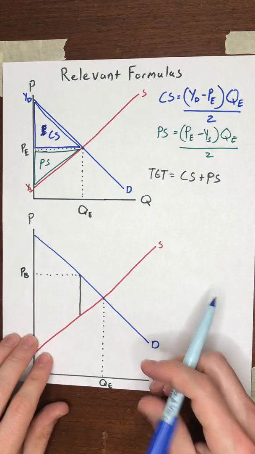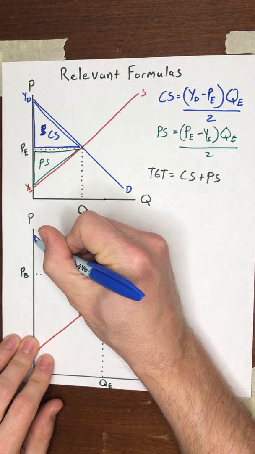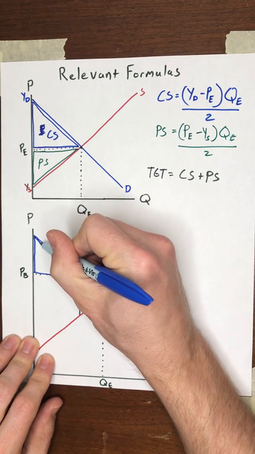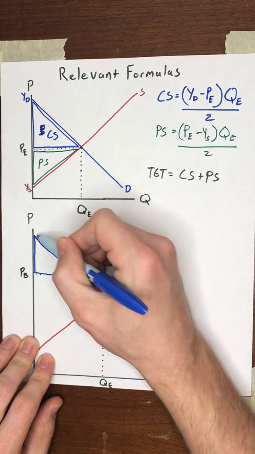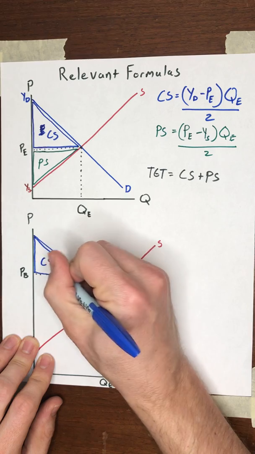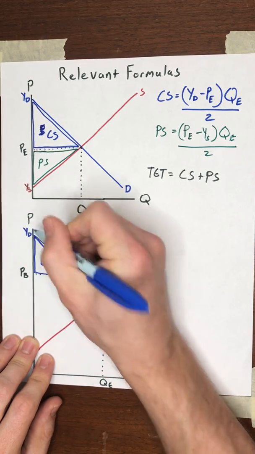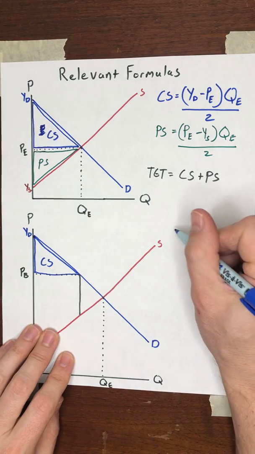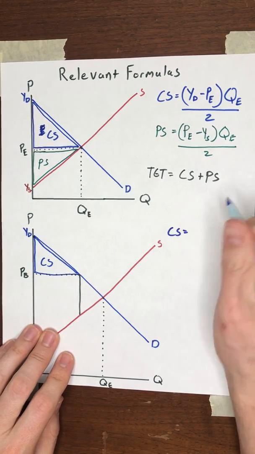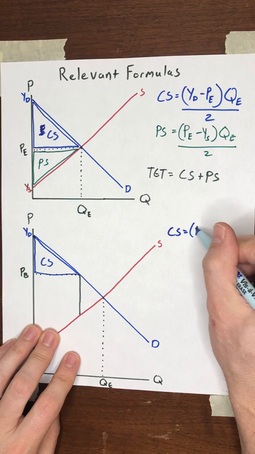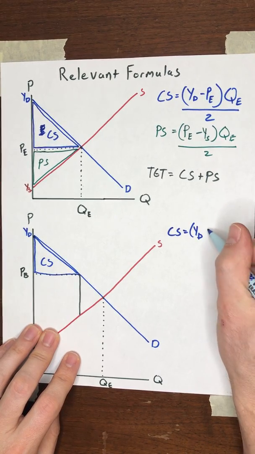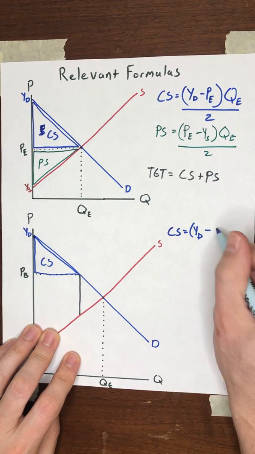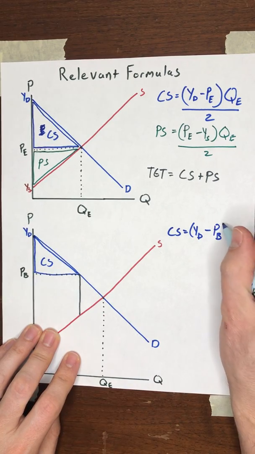Their consumer surplus is going to be this triangle right here. Everything above the price they have to pay, but below the demand curve, below the prices they would have been willing to pay. That's consumer surplus. And again, I'm going to label this point here YD. So consumer surplus when there's a tax is now going to be YD, not minus the equilibrium price, but minus the price the buyers actually pay, PB.